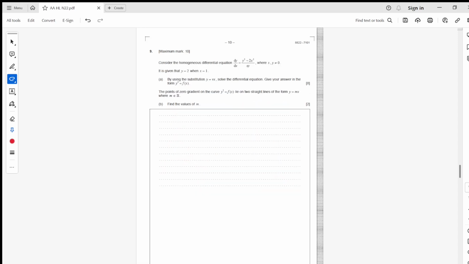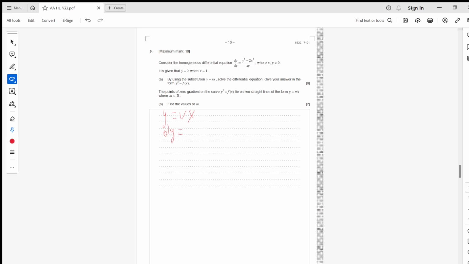The next question asks us to solve this differential equation using this particular substitution. So let's differentiate both sides.